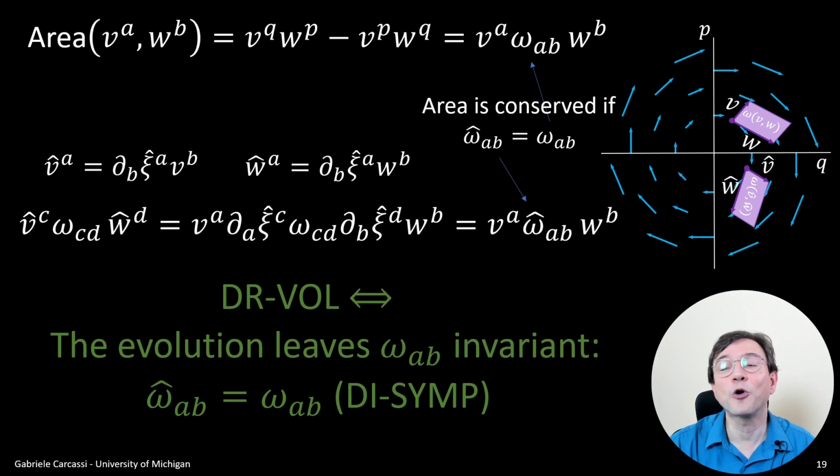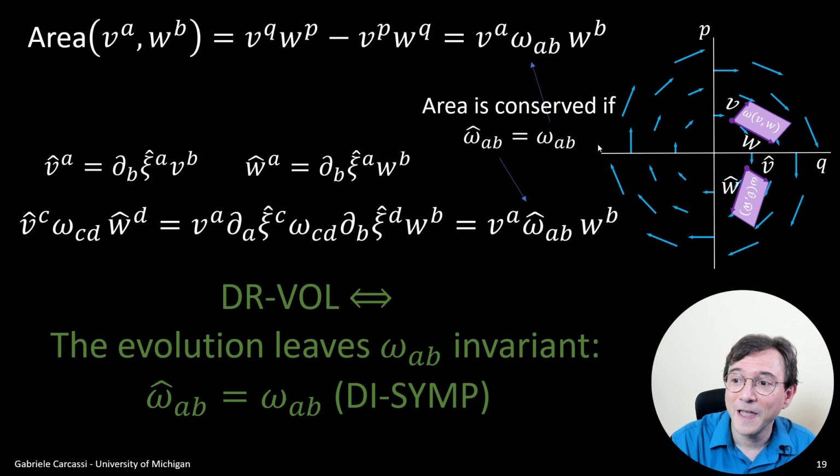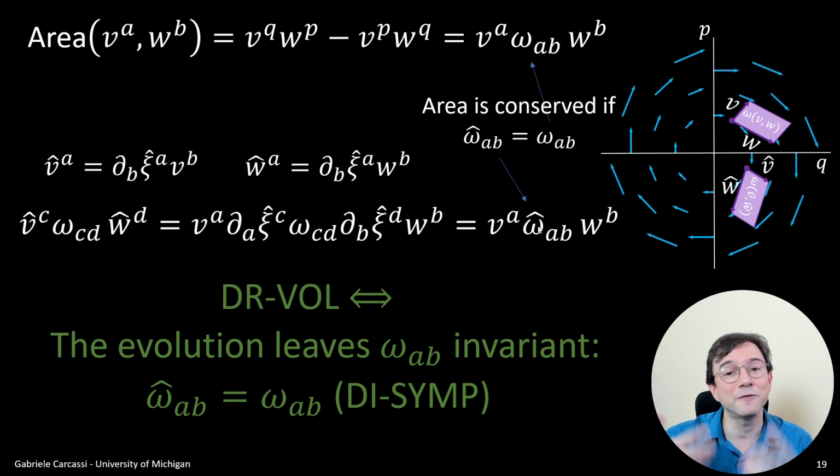And so requiring that the volume is conserved is exactly requiring that this matrix omega AB remains invariant during the evolution.